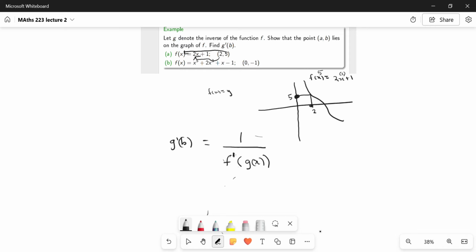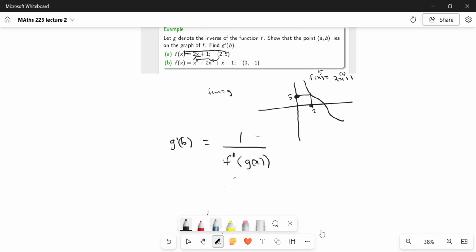This is what we are having. To solve this, we have to get our g of x. After we get g of x, we are going to use that value to find the f prime of that value.